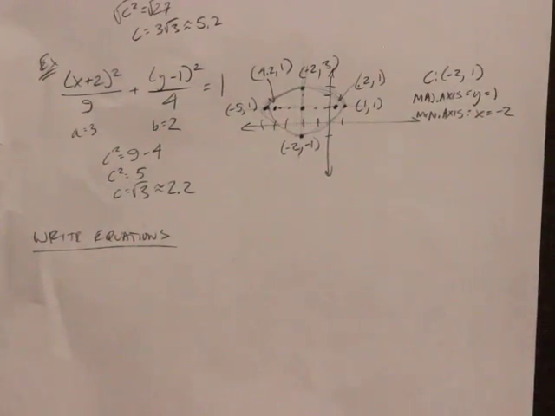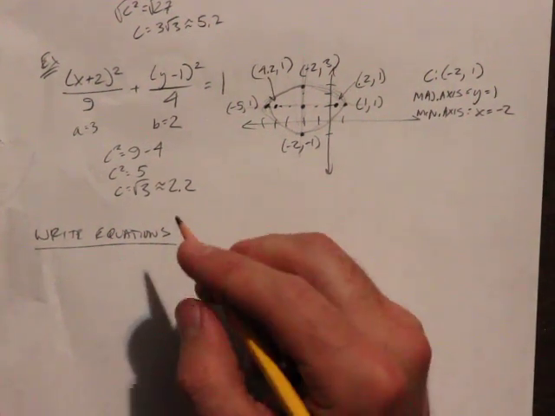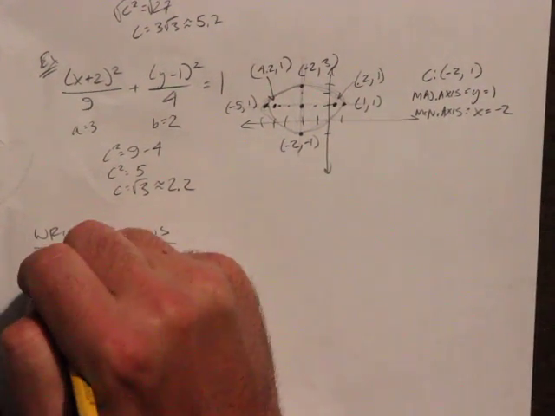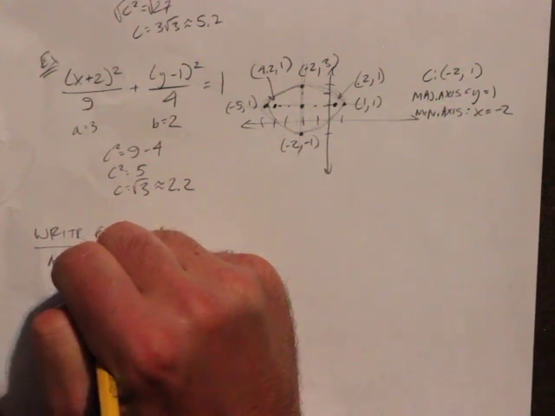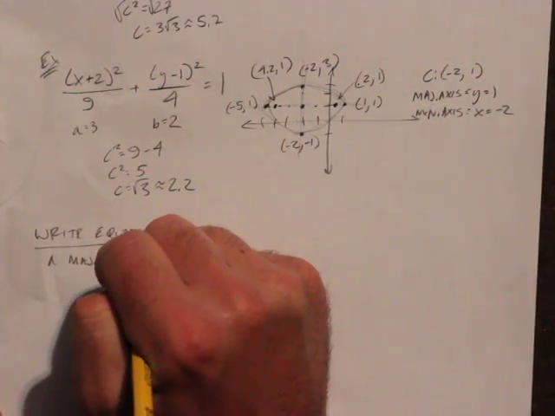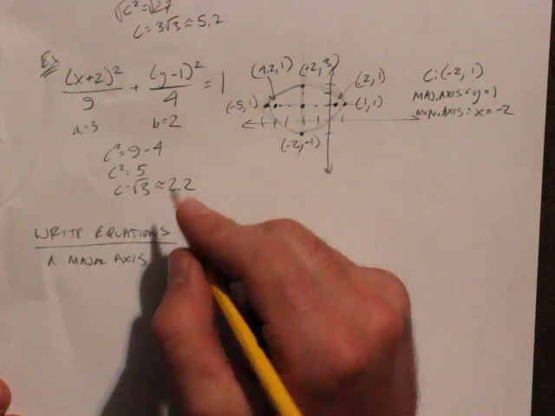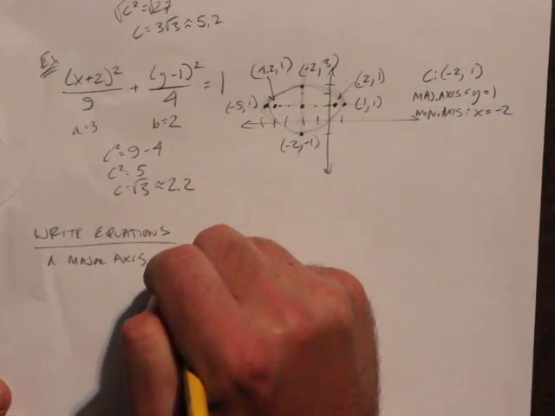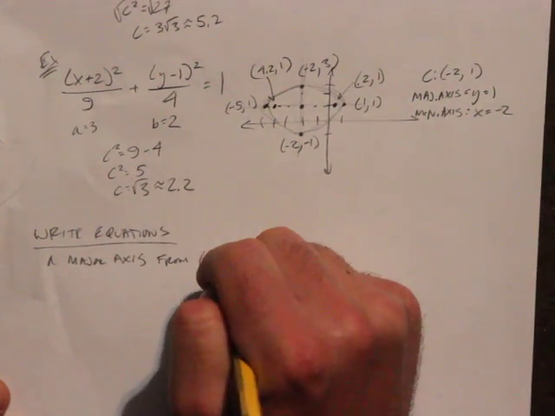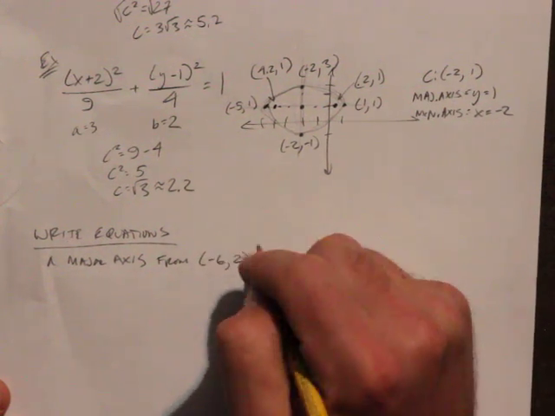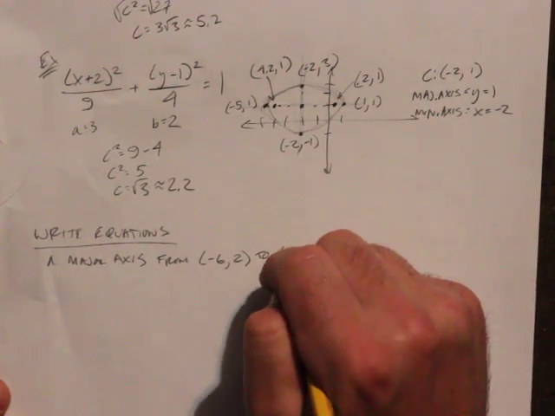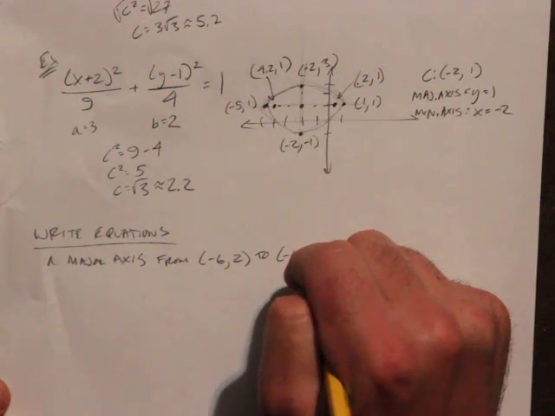So we're going to write an equation. We're given some information. My major axis is from -6, 2 to -6, -8.